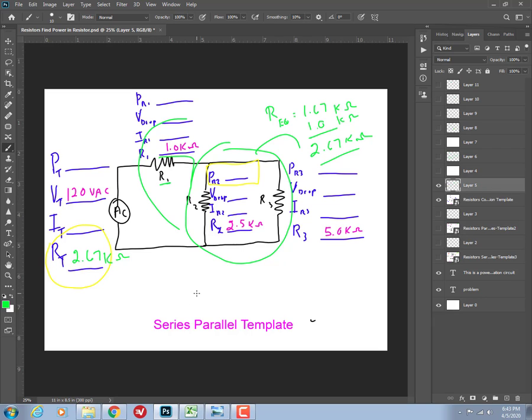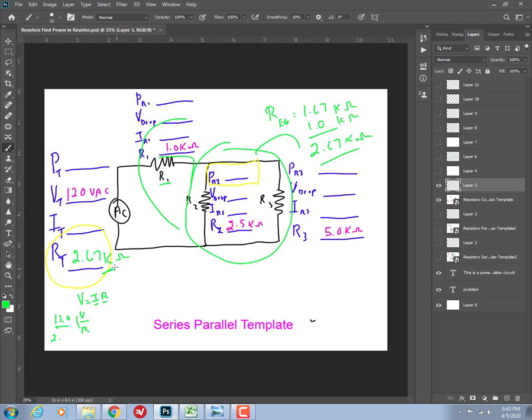Now we can use our Ohm's law formula. V equals IR. We're looking for the I. So we're going to use the V and the R because these are the two knowns. So the voltage is 120 divided by 2.67 K ohms.